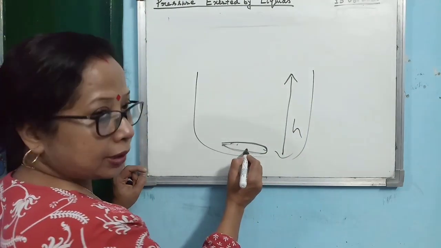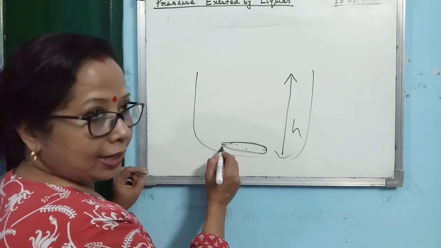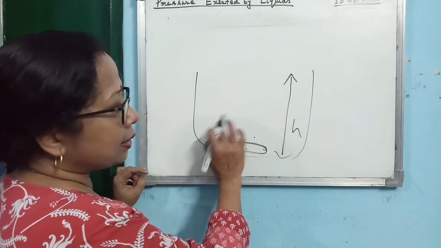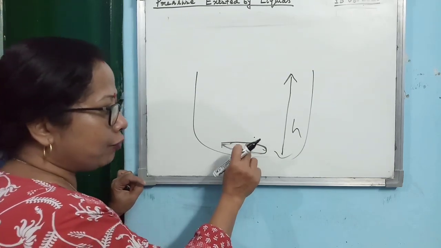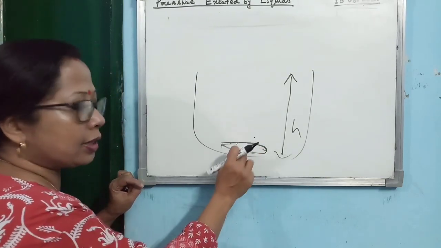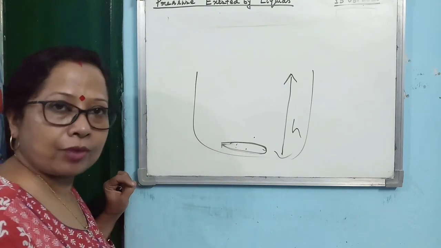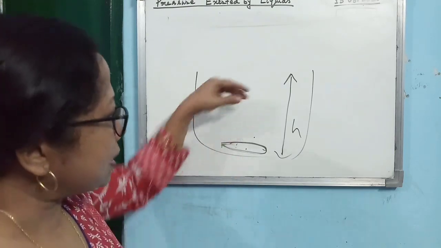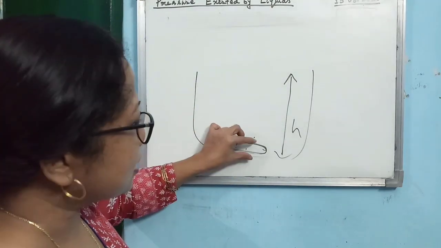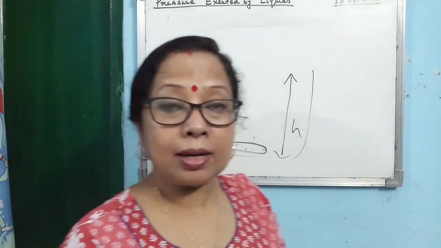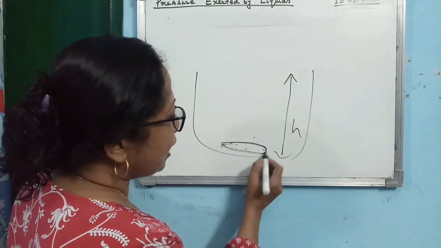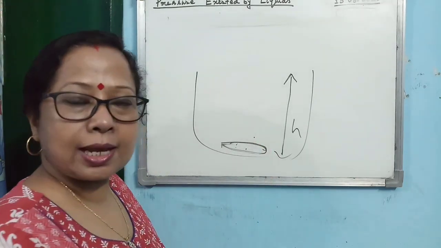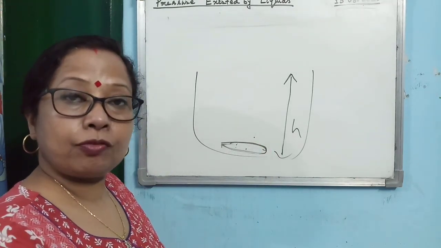The blood pressure within the fish balances the external pressure. These two, the external pressure and the blood pressure within the body, are equal. Then only can the fish survive. If the outside pressure is more and the inside pressure is less, then the fish will get squeezed. And if the inside pressure is more and the outside pressure is less, then the body of the fish will burst.